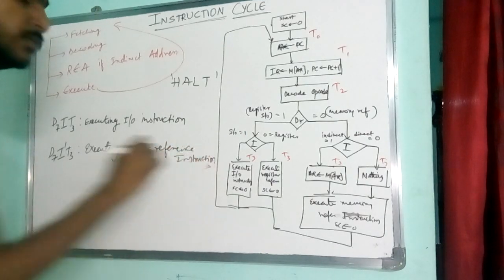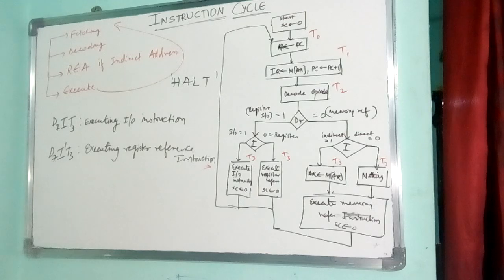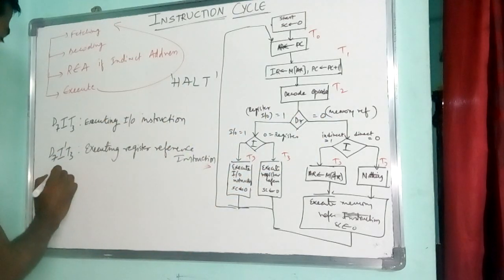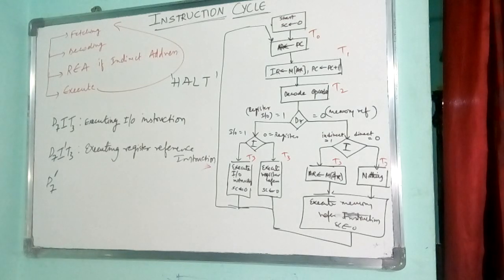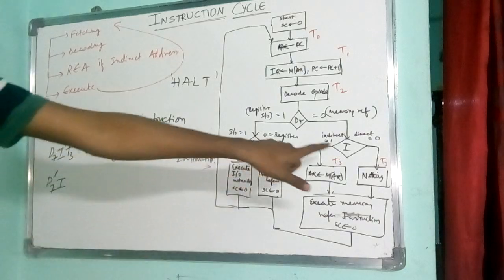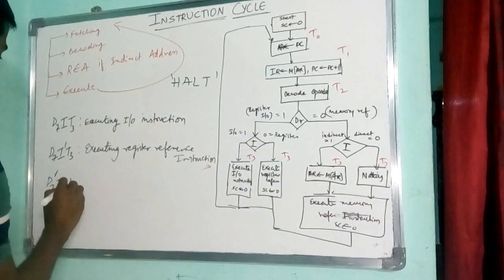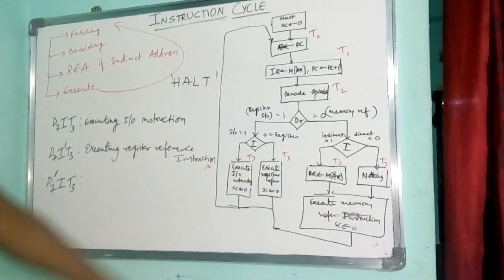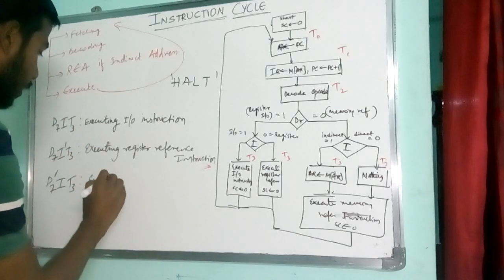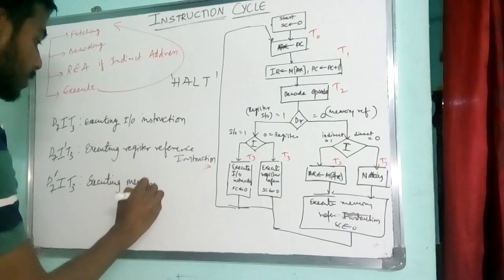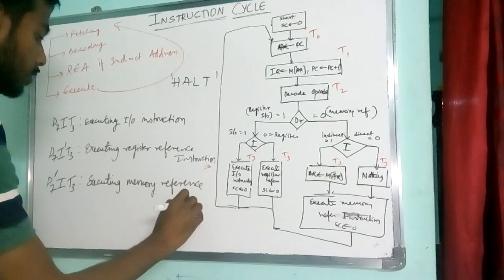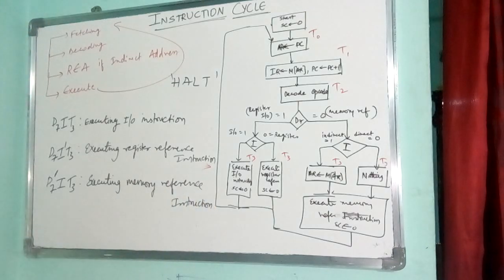Then again, whenever my D7 complement is 0 and my I is 1, at time T3 I am executing memory reference instruction, right?